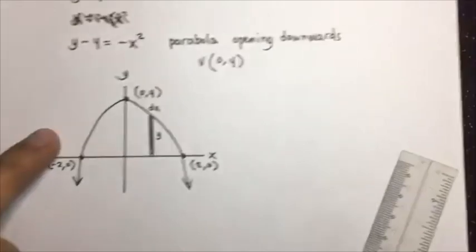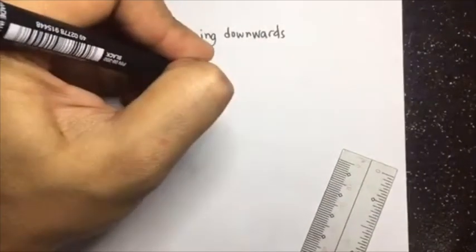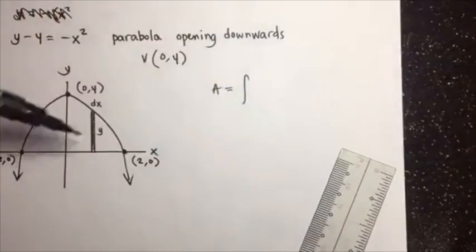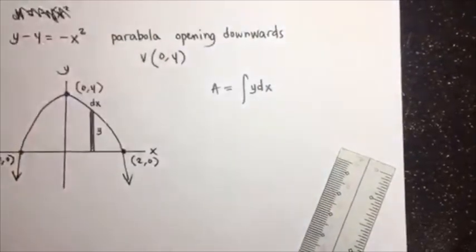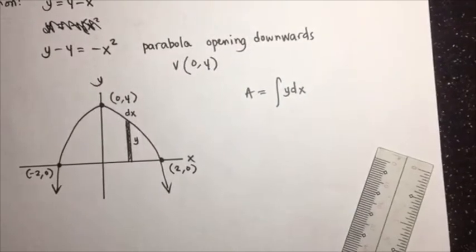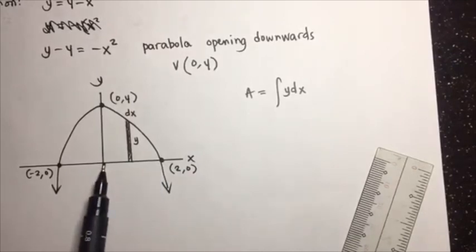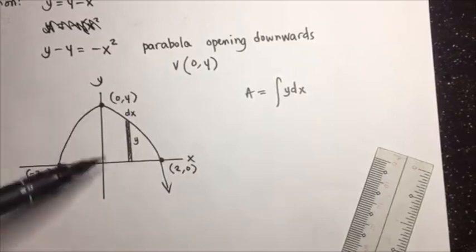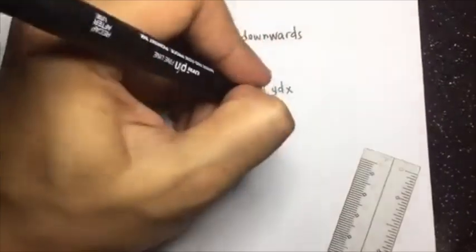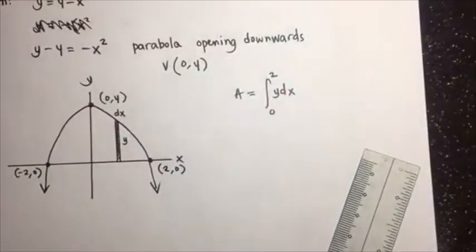The area is therefore equal to the integral of y dx from x is equal to 0 to x is equal to 2 only, because we are only concerned with the first quadrant.